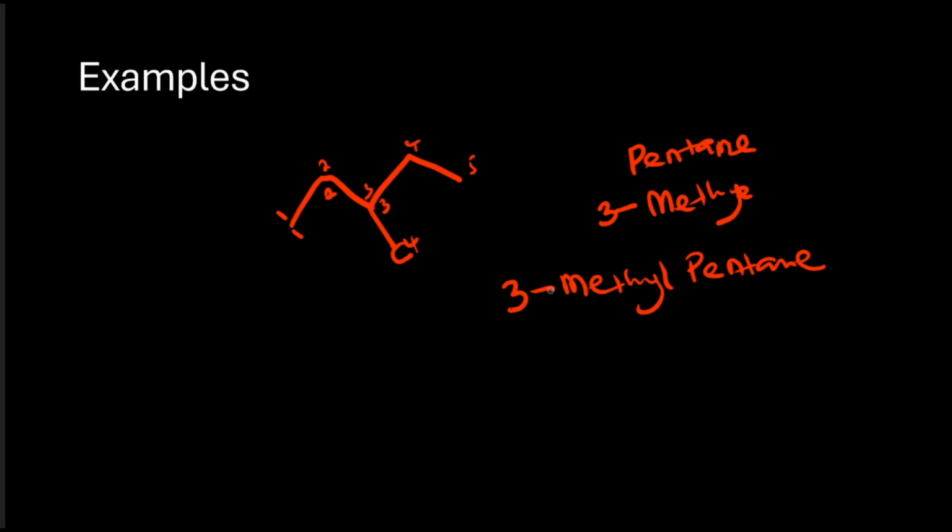So let's try another example. We have an alkane this way. So we have something like this. Let's try and identify our longest chain. We start the numbering from here.